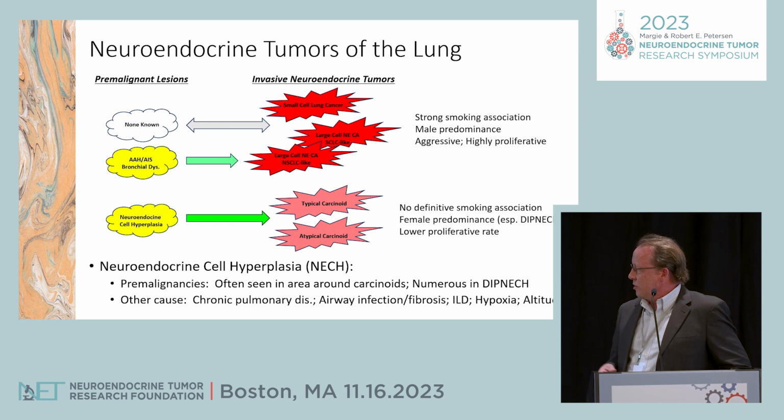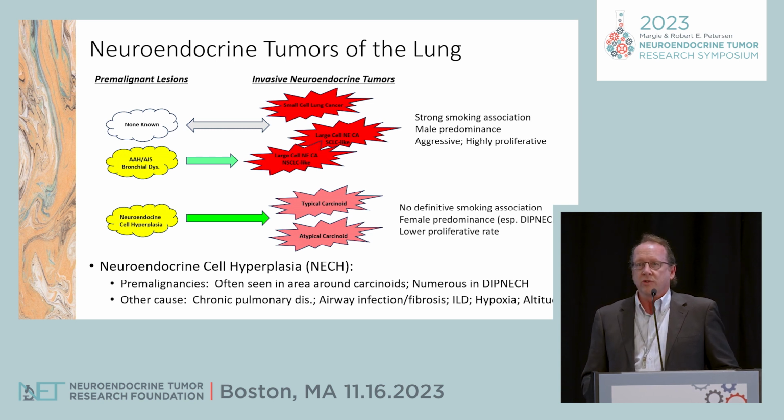These premalignancies are often seen near carcinoid tumors, but specifically in patients with DIPNEC, they're seen throughout the lungs, and numerous lesions are seen. However, there are other disease processes in which they can be found that are not malignant, and so it's thought that malignant potential is not always associated with these lesions.